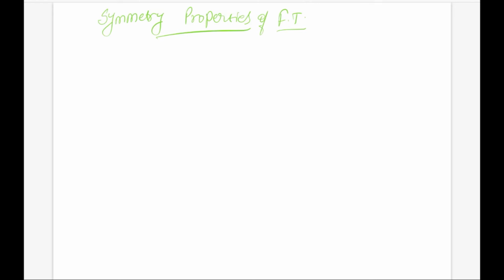Before presenting the properties, we will begin with some definitions. So the first definition is the conjugate symmetric sequence. They are defined like this.